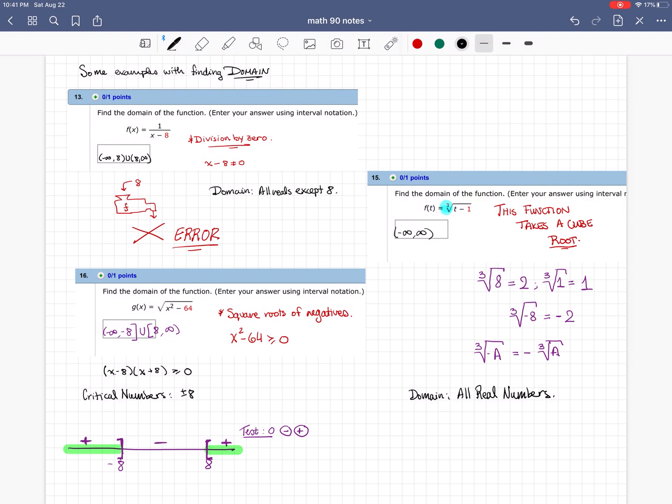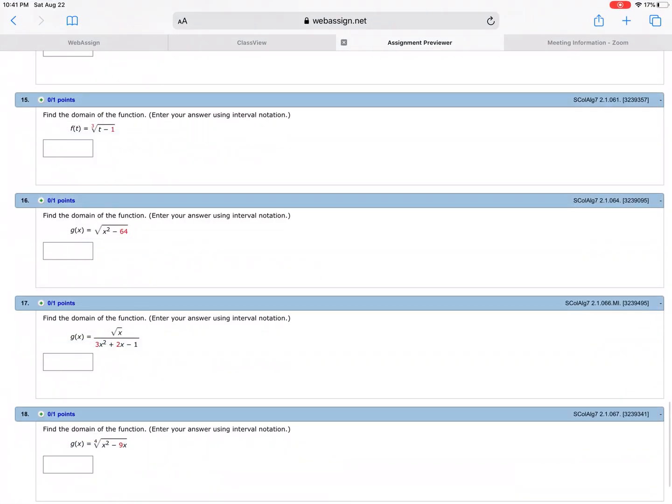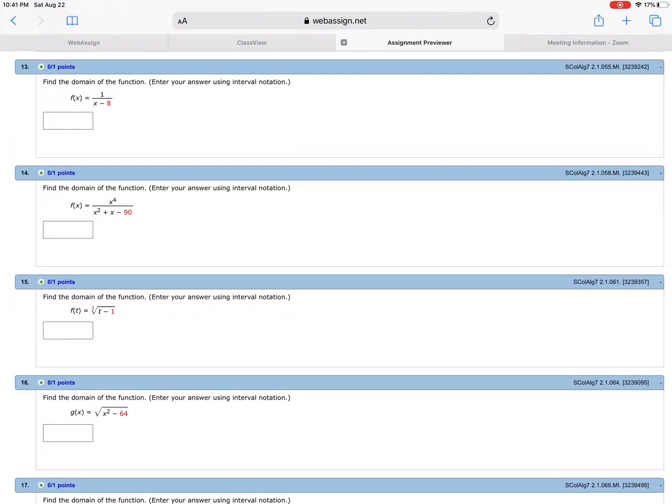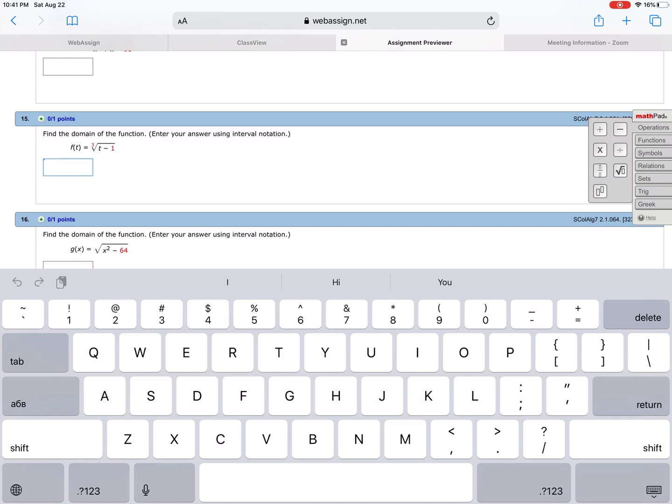Now really quickly, since we're still in this lesson, I want to show you a quick WebAssign shortcut. So I'm actually going to open this homework in WebAssign, and here is, let me navigate to this problem. So this is number 15, and sure enough, the math pad comes up again, and sure enough, I'm not a big fan.